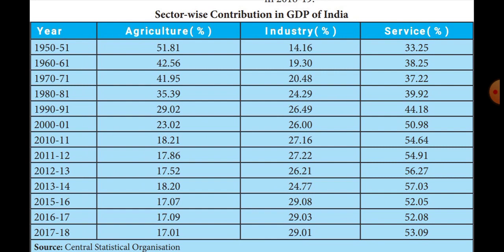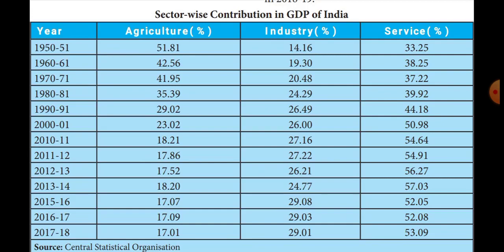Then 1990 to 91: 29.02, 26.45, 44.18. Then 2000 to 2001: 23.02, 26, 50.98. Then 2010 to 11: 18.21, 27.16, 54.64. Then 2011 to 12: 17.86, 27.22, 54.91.